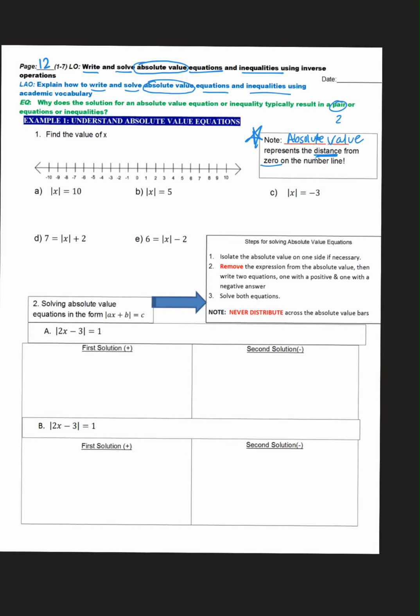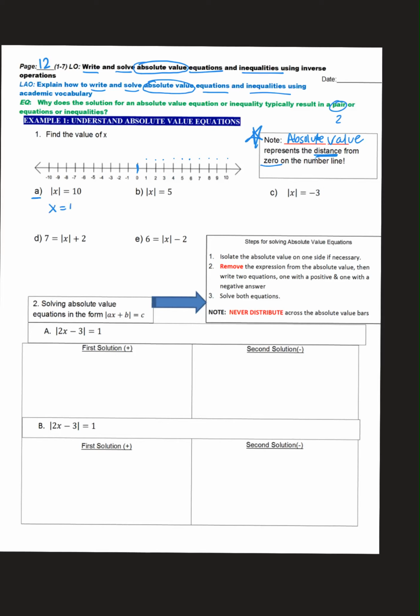So, for example, if I'm looking at A, which is the absolute value of x equals 10, we want to know where we're going to be when we're at 0 if we go 10 spaces. So if I go 10 spaces to the right, 1, 2, 3, 4, 5, 6, 7, 8, 9, 10, I am at 10.